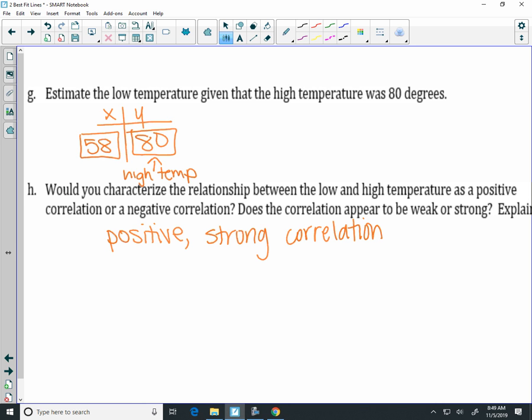What we cannot say is that the low temperature is causing the high temperature, right? That's not what's happening here. Weather is happening here. The seasons are happening here. Climate is happening here. But these two do have a strong positive correlation happening.